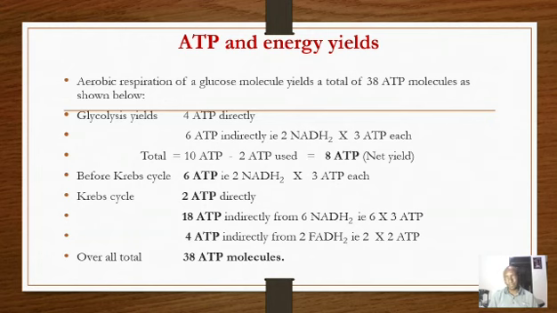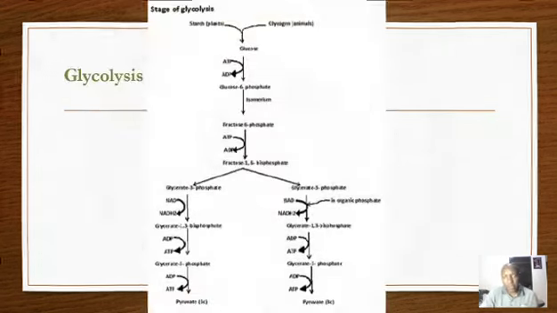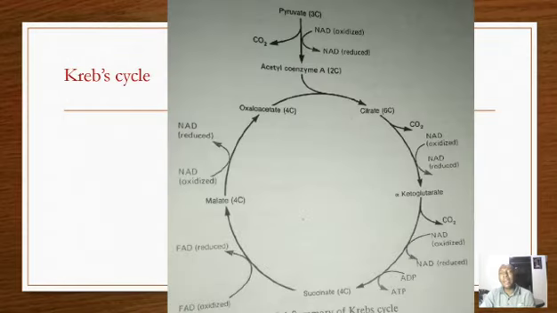Now, after glycolysis, before the pyruvate goes into the Krebs cycle, remember pyruvate is decarboxylated and dehydrogenated. When it loses the hydrogen atoms, they combine with NAD, forming NADH2, which is taken to the ETS.